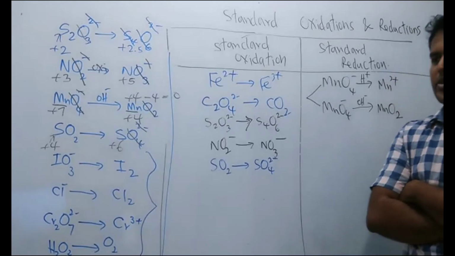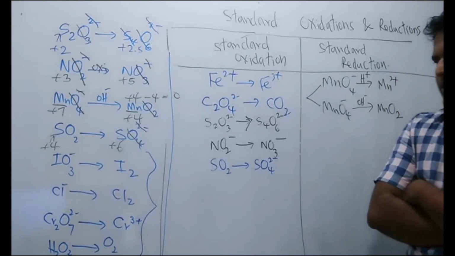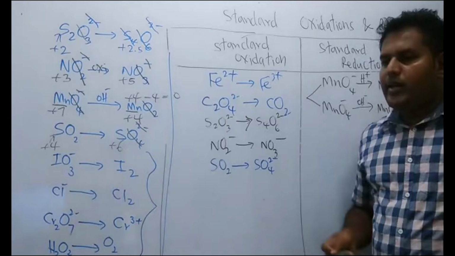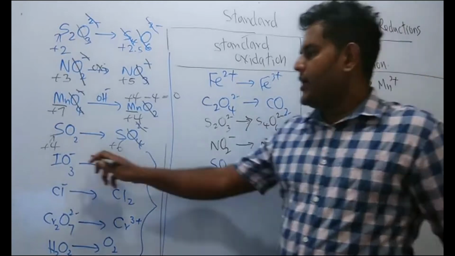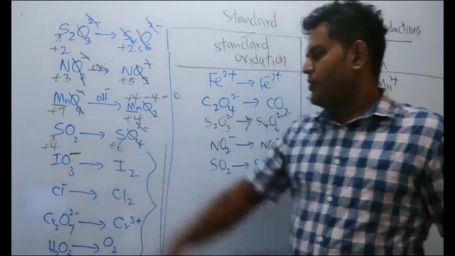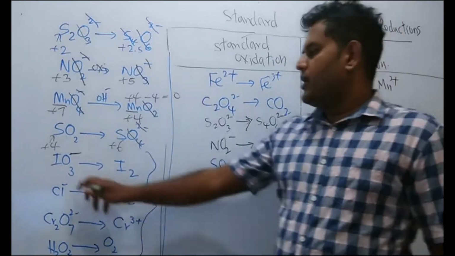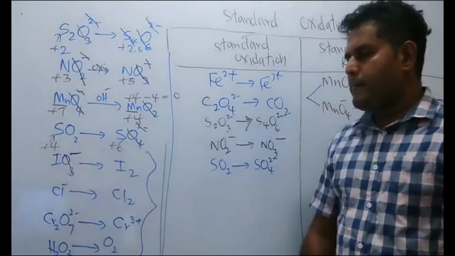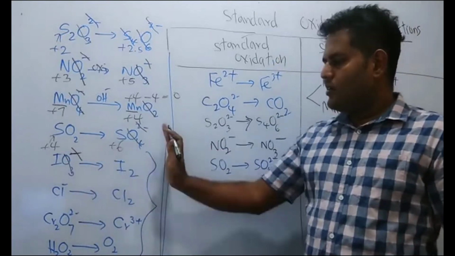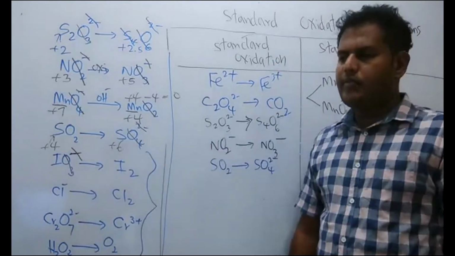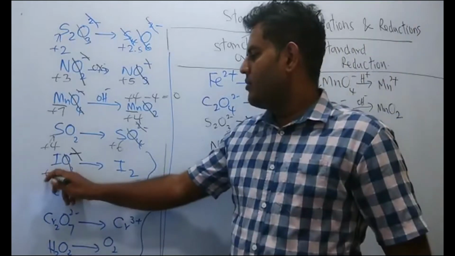Right, okay. Most of the students have finished. So let's start. IO3 minus to I2. In IO3 minus, what is the oxidation number of iodine? 1 iodine atom. Minus 2 times 3, minus 6. Minus 6 less this, minus 5. The opposite charge for iodine, plus 5.